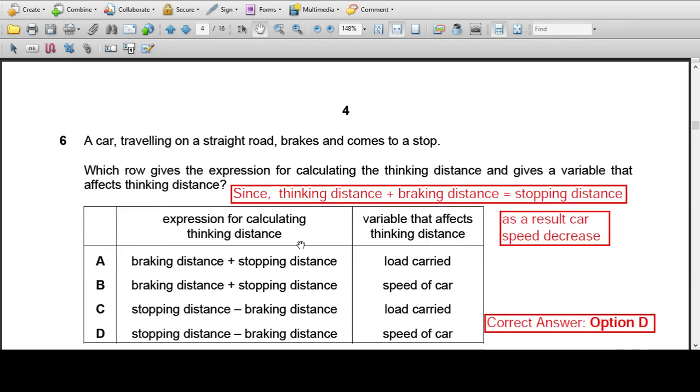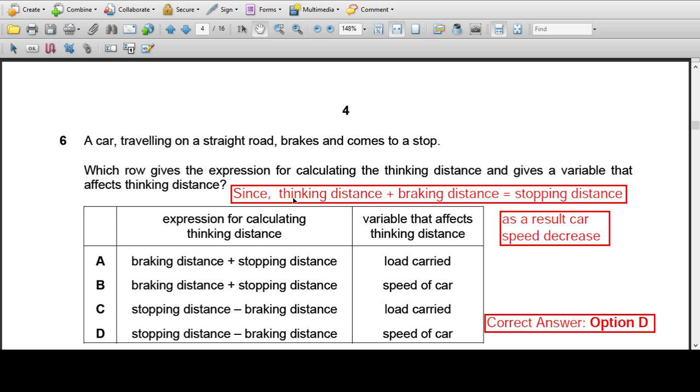Now question number 6. A car traveling on a straight road brakes and comes to rest. Which row gives the expression for calculating the thinking distance and gives a variable that affects thinking distance? Since thinking distance plus braking distance is equal to stopping distance, the car speed decreases.